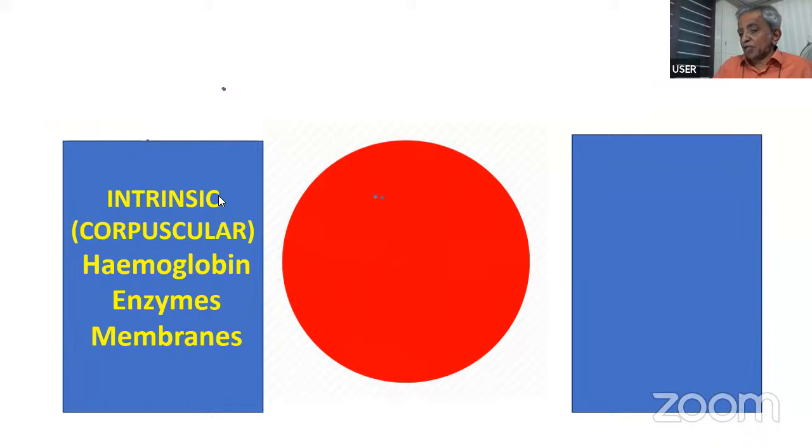And sometimes there may be inclusions inside the RBC, for example malaria parasites, babesiosis. That also can be included in the intrinsic, because they come from outside it can also be included in the extrinsic component. Now come to the extrinsic component. Having finished intrinsic, the extrinsic components are extracorpuscular.